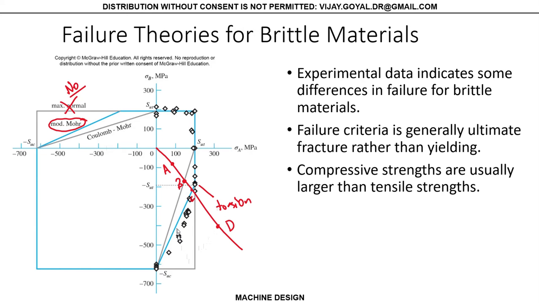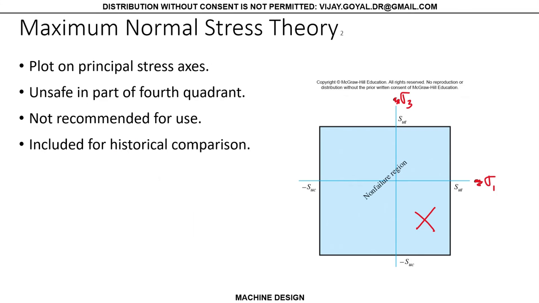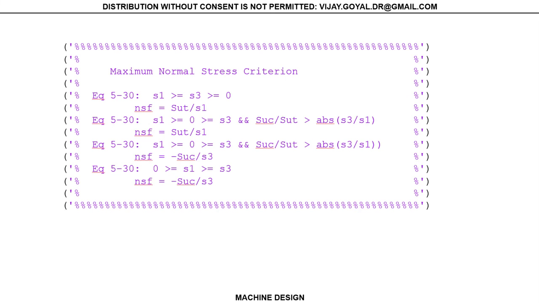If you say, "Oh, I got all this space left here, I want to design something here," but the test data shows that you have way failed. That's why we don't like to use this theory. However, we can do that. Programming this in Matlab is actually quite simple, involving these criteria, and they're given in your textbook. You can use them. We will do a couple examples to see how this works.